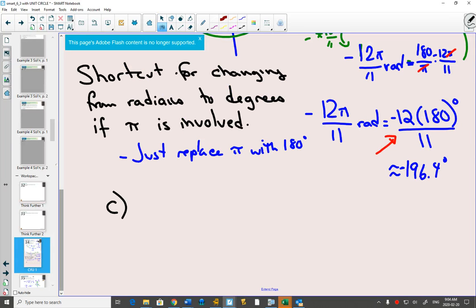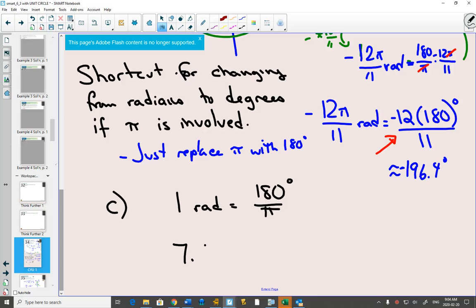Finally, part C says change 7.5 radians to degrees. We can't use the shortcut in part C because there's no pi involved. So we'd have to go back and say, I know that 1 radian is 180 over pi degrees.